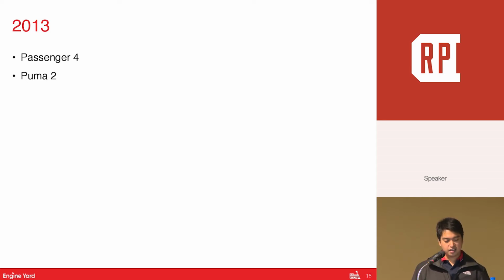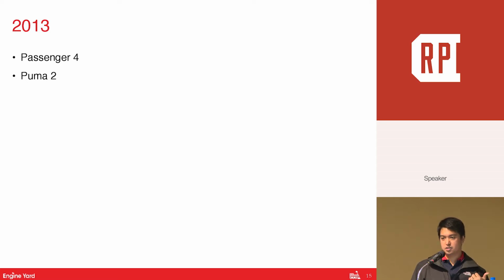So we have Passenger 4 was released, and this is a big improvement over the previous versions. If you're still using Passenger 3, it's recommended to move to Passenger 4. And then Puma 2 was released, and what these 2 app servers have is multiple workers and multiple threads.